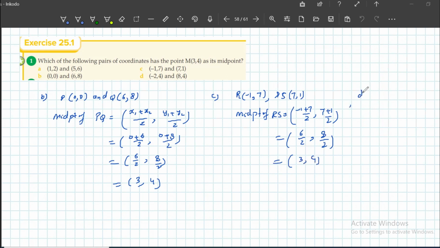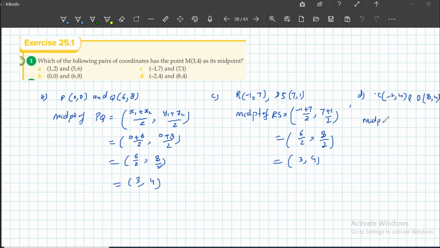And lastly, for D, we have to find which of the following pairs of coordinates has the midpoint 3, 4. Till now all have the same answer. We will check the last one. Let's suppose this is point C, which is -2, 4, and point D, which is 8, 4.